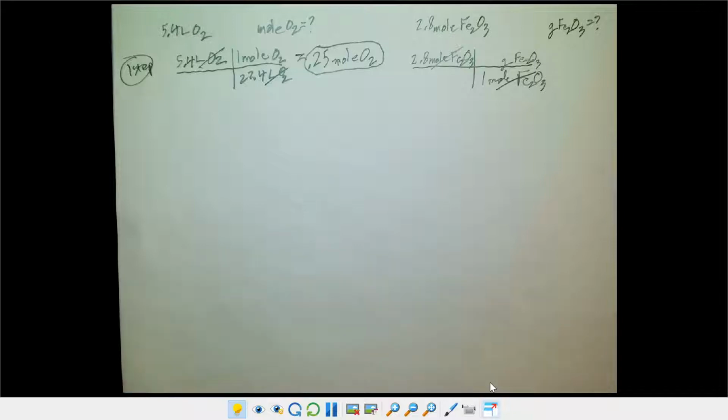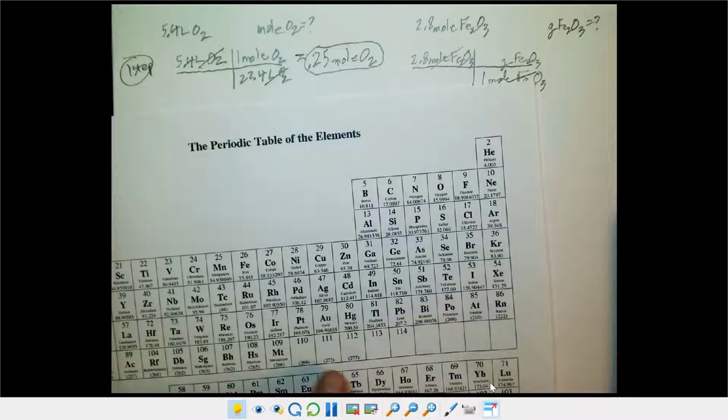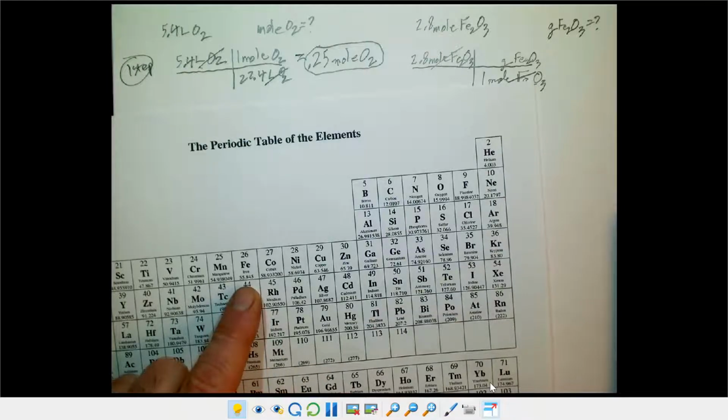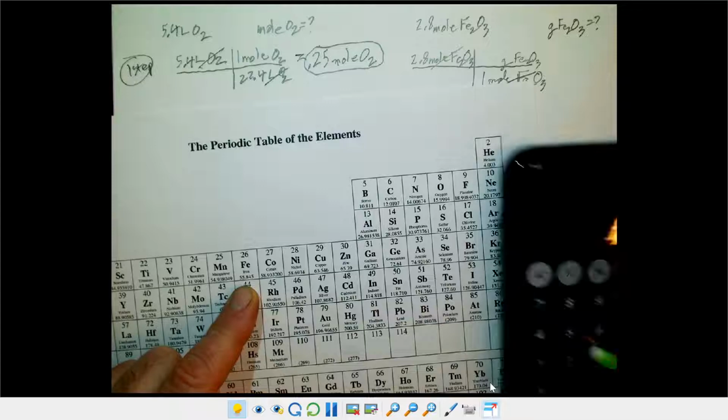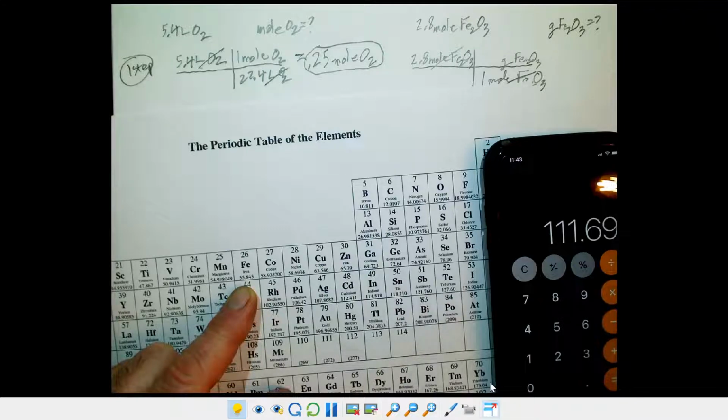So let's just do that in the calculator again and add up all those numbers. Let's take a look at our periodic table. We need to figure out what iron is, and iron is 55.845. We're going to multiply that by 2 because we've got 2 of them, and then we're going to add that to 3 oxygen. So you could just say 3 times 15.9994.